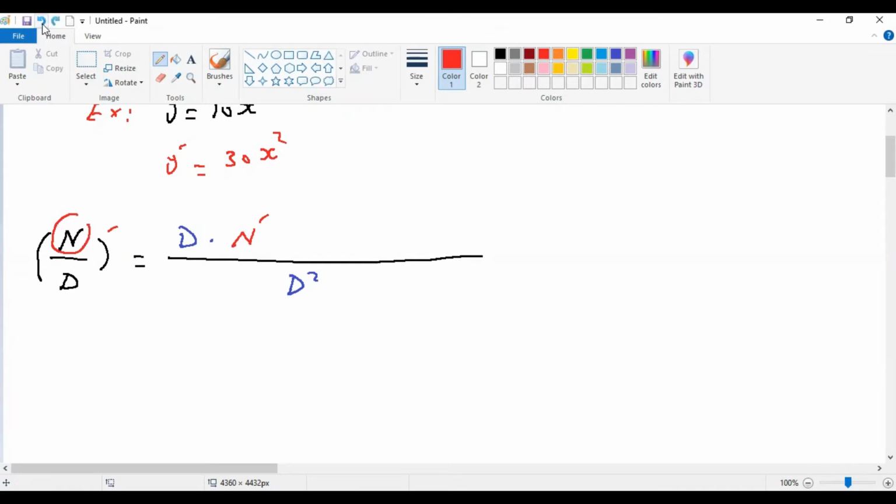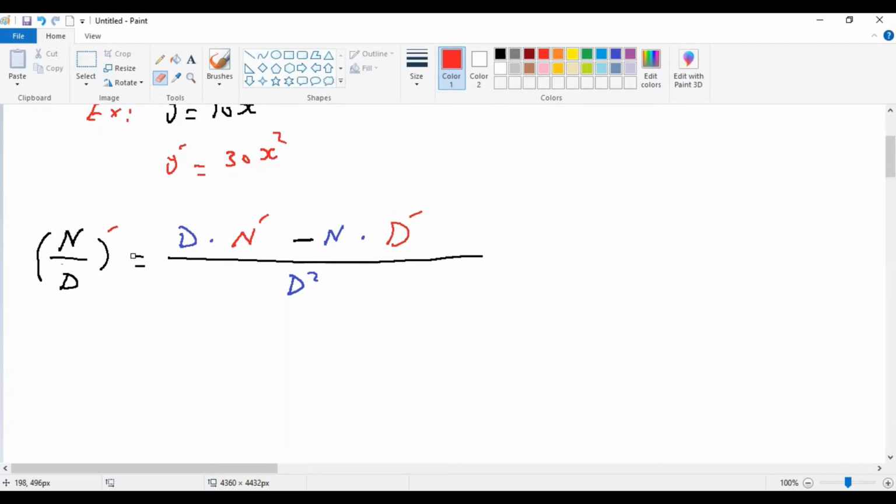Then minus. What minus? Now write the numerator, rewrite the numerator here, times the derivative of the denominator. And all over what?